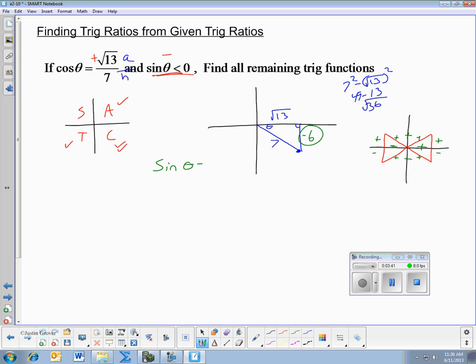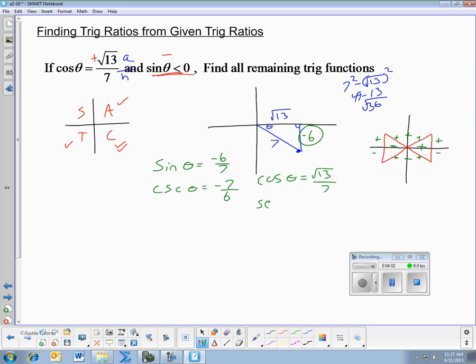Sine theta is negative 6 over 7. Its reciprocal, cosecant theta, is negative 7 over 6. Cosine we have, it's root 13 over 7.